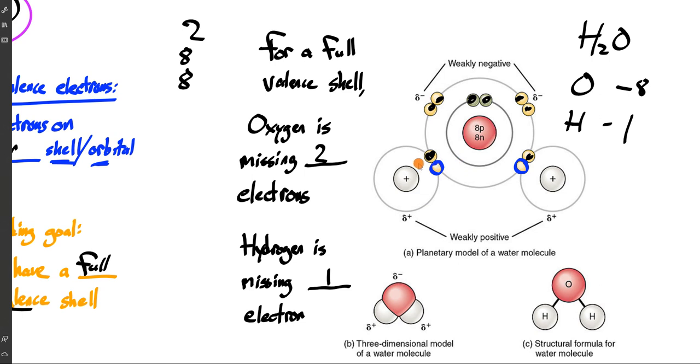But this works out pretty well, because from hydrogen's point of view, it thinks, hey, I've got 2 electrons in my valence shell. From this hydrogen's point of view, again, it thinks, hey, I've got 2, that's good, I'm happy. And from oxygen's point of view, it thinks I've got 2, 4, 6, 8. Again, that's a great number to have in your valence shell.